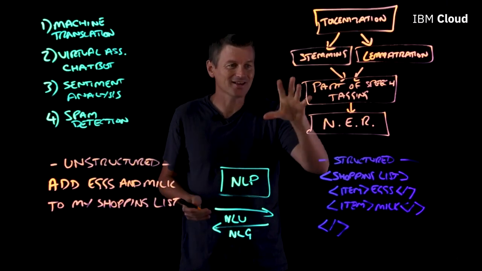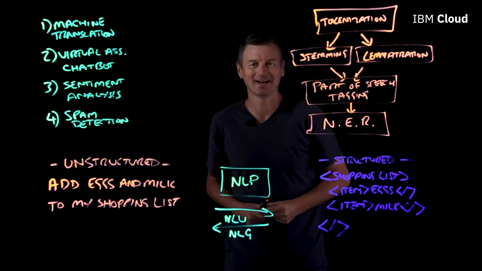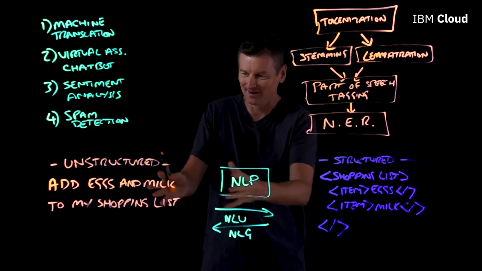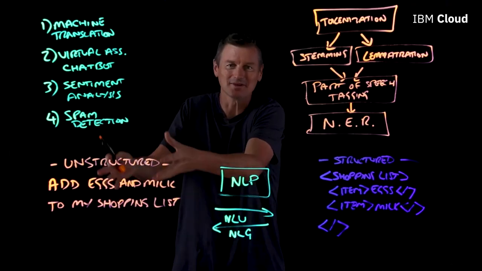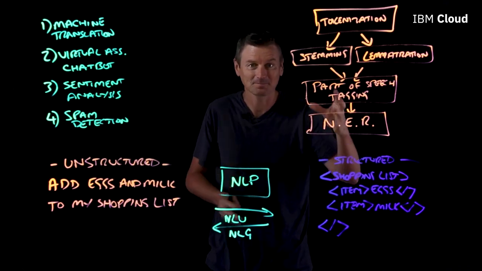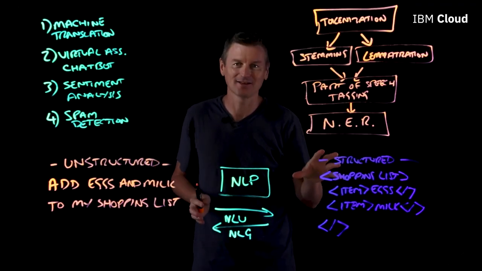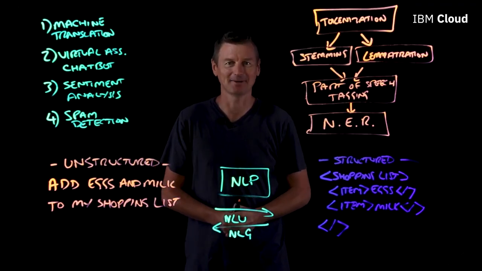And these are some of the tools that we can apply in this big bag of tools that we have for NLP in order to get from this unstructured human speech through to something structured that a computer can understand. And once we've done that, then we can apply that structured data to all sorts of AI applications.